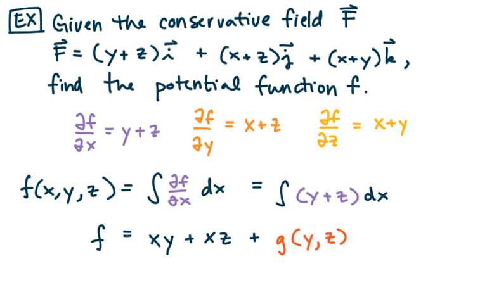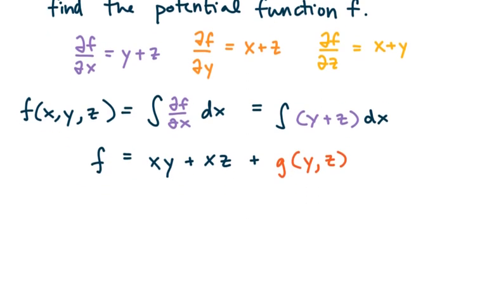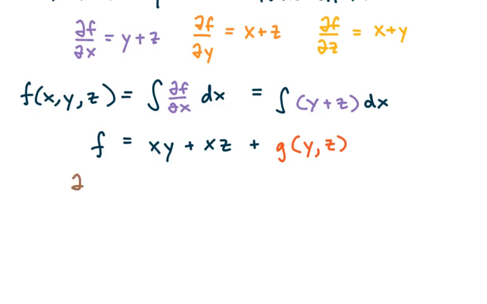At this point, we're going to repeat that process that we did in the last example, and I'm going to take the partial with respect to y. So partial f with respect to y. What does that give? For this term, I get x. For this term, I get 0. And for my function here, I've got partial of g of y, z with respect to y.